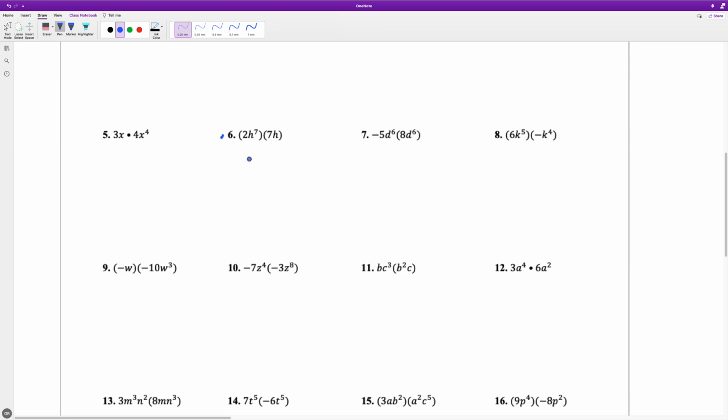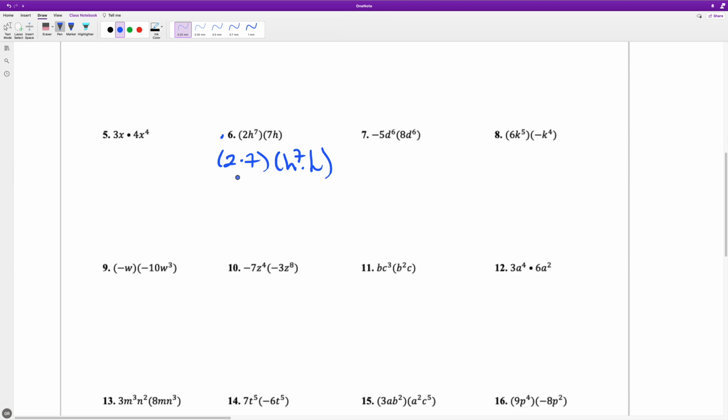So in this situation, I am going to separate 2 times 7, and then I'm going to separate h to the power of 7 times h. Once I've done that, now I can go ahead and multiply. I'm going to multiply my numbers together, and then I'm going to multiply my variables with exponents.